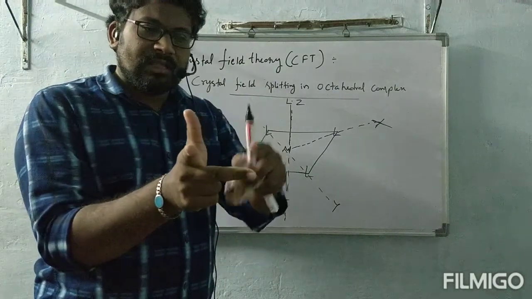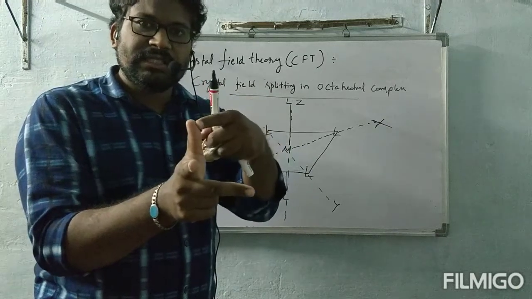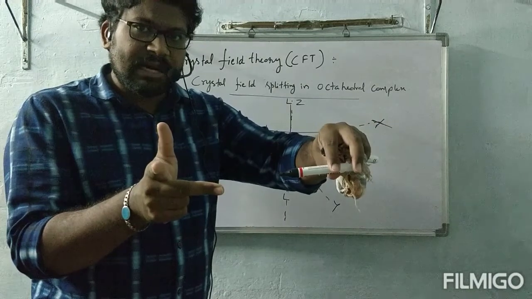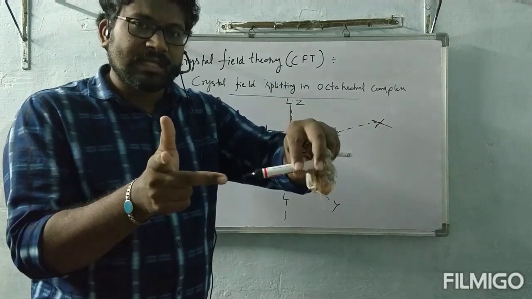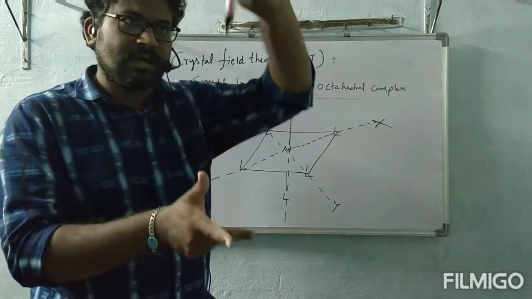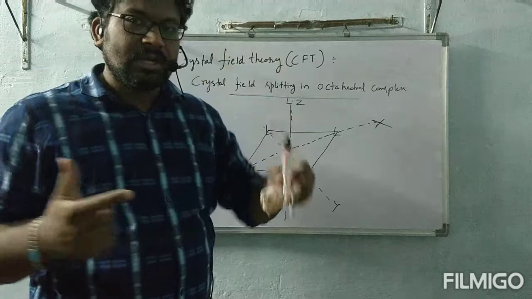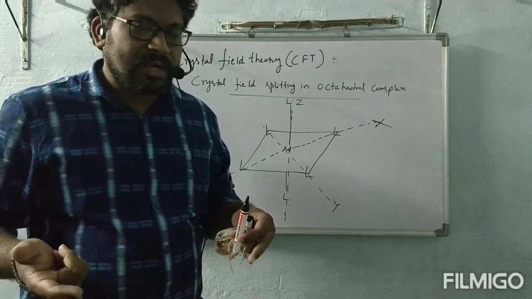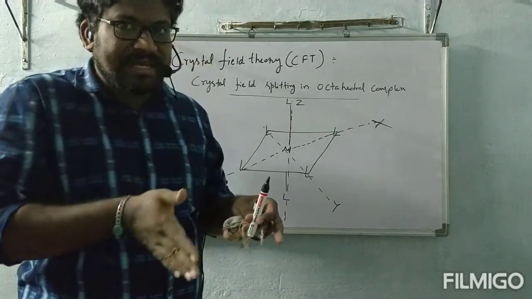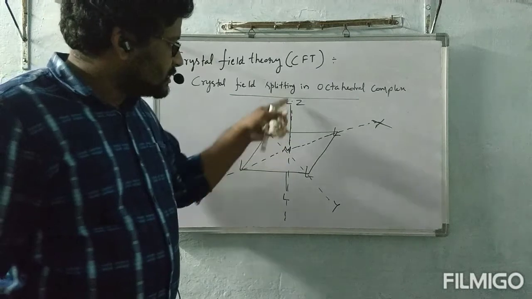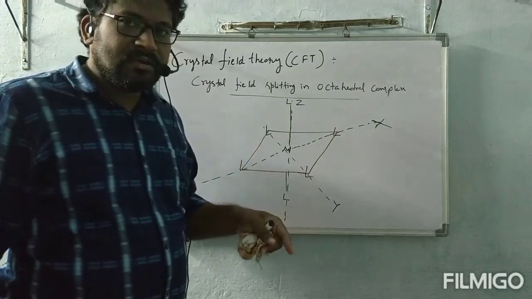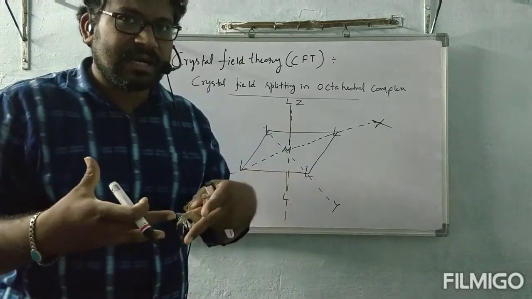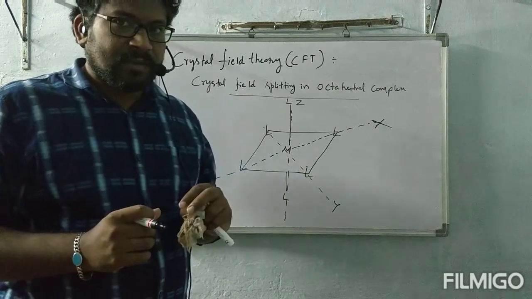Ligands approach the central metal atom along the axes to maintain less repulsion, and this octahedral complex has exactly 90 degrees. What is the angle between this ligand and this ligand? 90 degrees. To maintain 90 degrees, ligands generally approach the central metal atom along the axis. Are you understanding now?